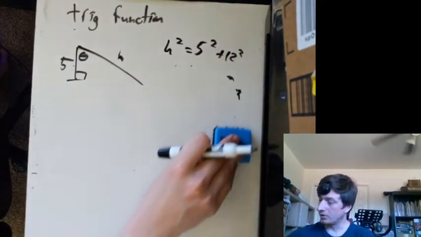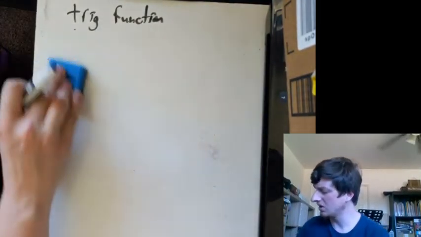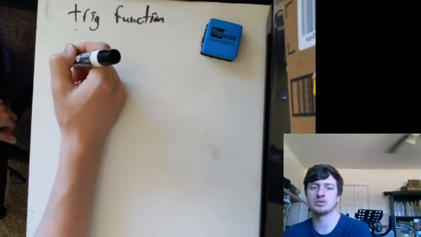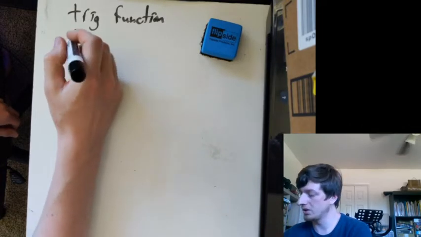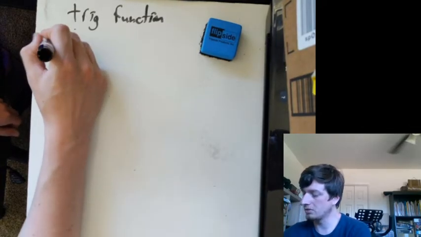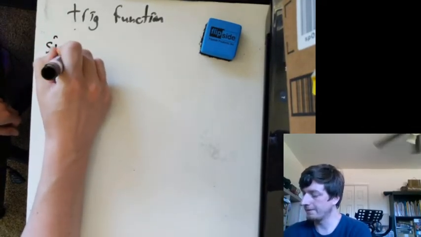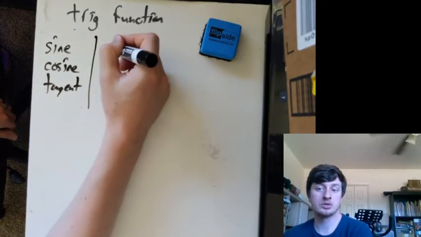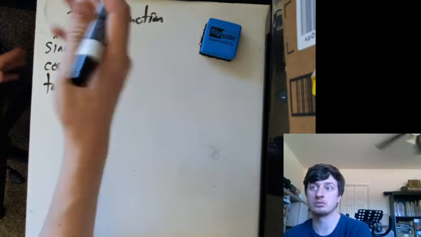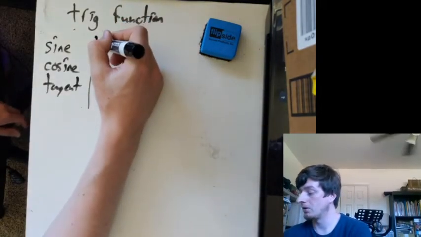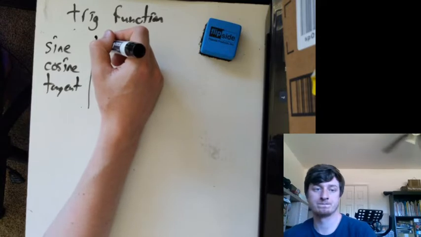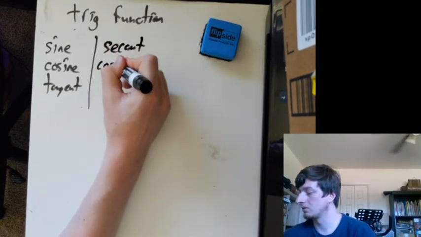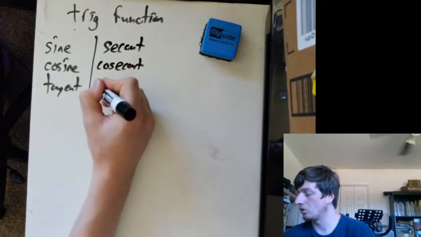The other ones that we're going to focus on, which get used less, but when you get higher up in math, maybe more, are cosecant. So we have sine, cosine, tangent. The other ones, the new ones we're adding that we didn't talk about in geometry, are secant, cosecant, and cotangent.